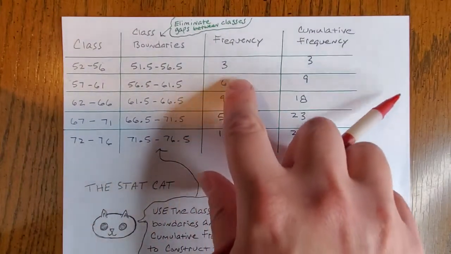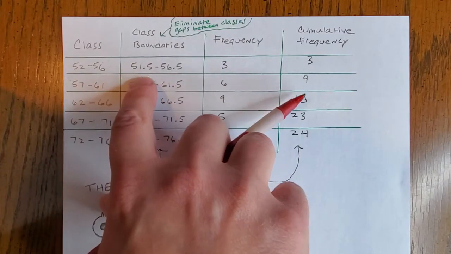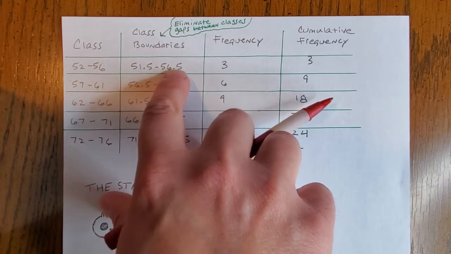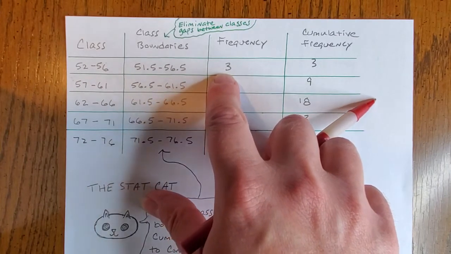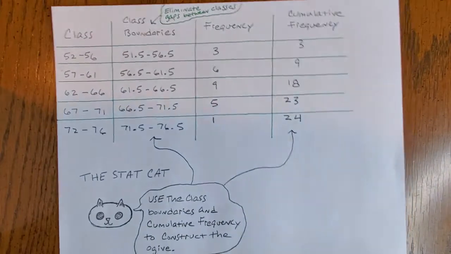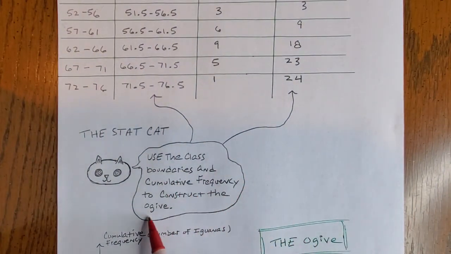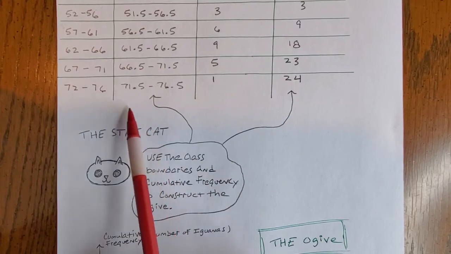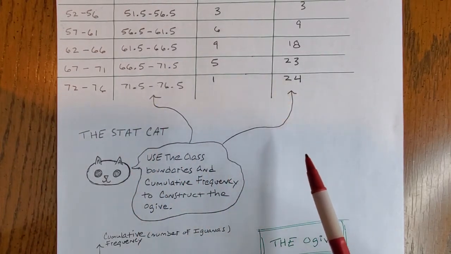Now, we still tally the frequencies the same. It's still true that between 51.5 centimeters and 56.5 centimeters, there were 3 iguanas in that class. And we still tally the cumulative frequencies the same way too. Now the stat cat has to tell us that when we make an ogive, we use the class boundaries and the cumulative frequency, okay?